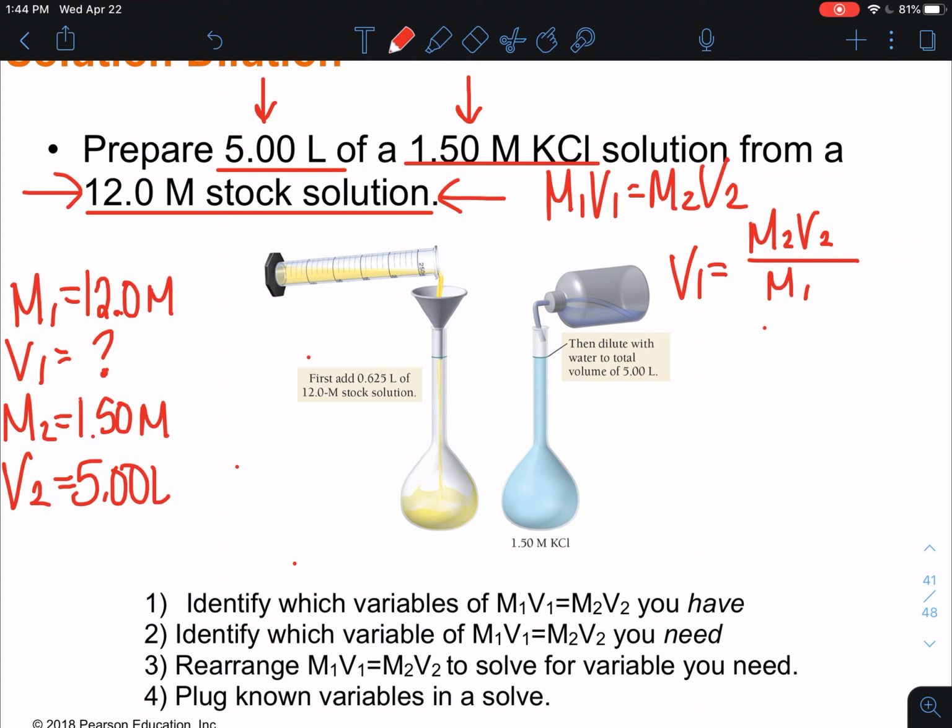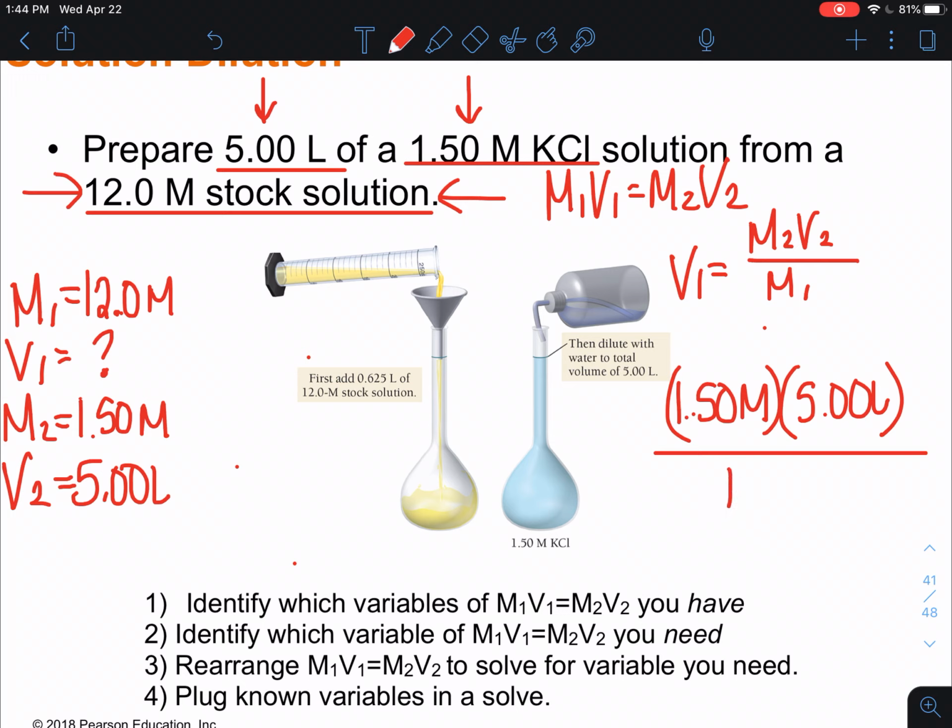So now I'm going to take M2, 1.50 molar, multiply that by V2, 5.00 liters, and that's going to go over our M1, which is 12.0 molar solution.